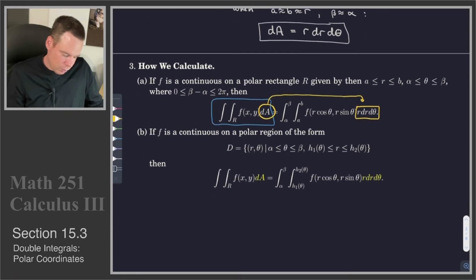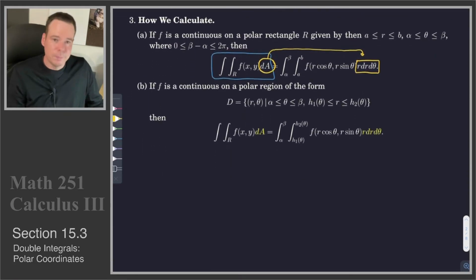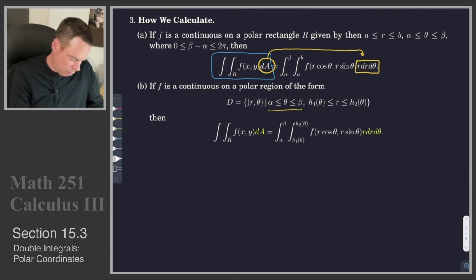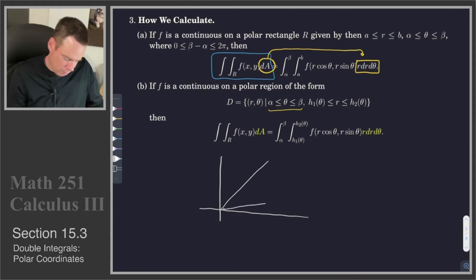And similarly, if we're doing this over a general region in polar coordinates, so a general region means that our theta value is trapped between alpha and beta, but our r value could be trapped between two functions. So that would look something like this, where theta is trapped between two angles, theta equals alpha, theta equals beta, and r is trapped between two functions.